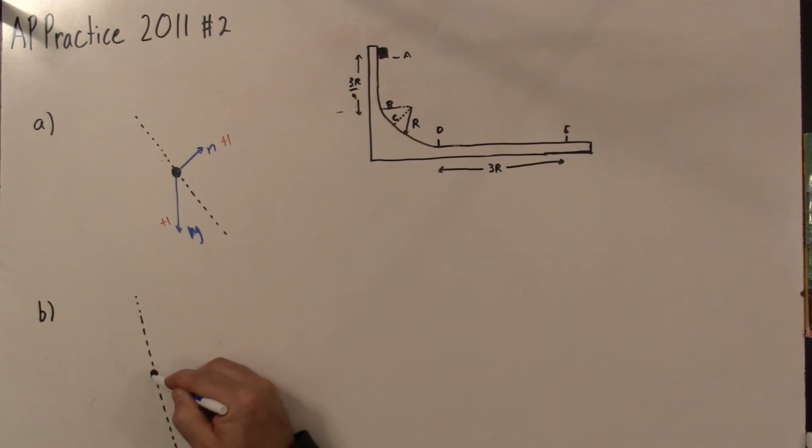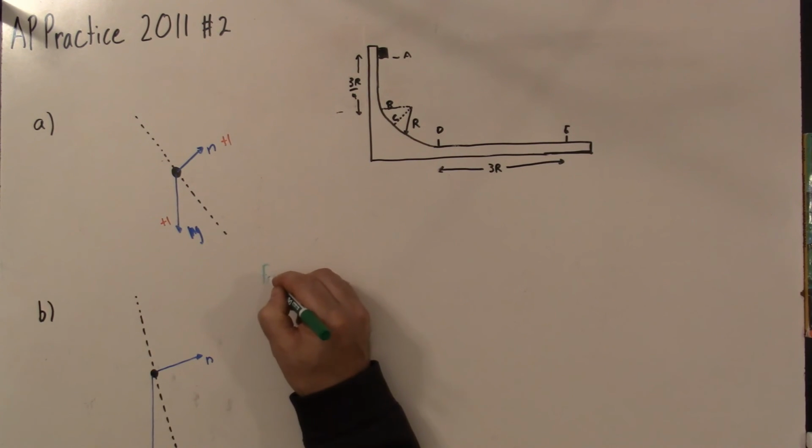So we know that the Earth pulls it down. That's the weight. We're going to put that here. And we know there's a normal force here, perpendicular. And so B says, what we want to do is write a statement for the centripetal force.